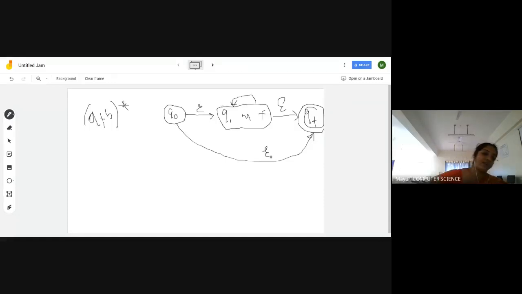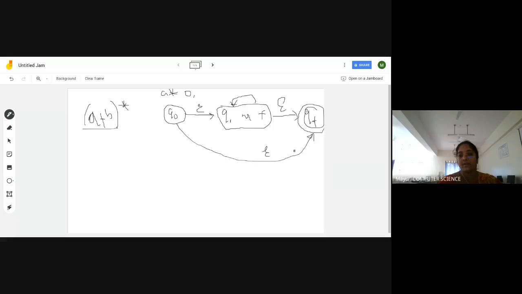Can you tell me the reason why the self loop is okay? Because A plus B star is either A or B, whatever it is. I'll construct this later. Just consider this for A star, at least. What do you mean by A star? Length 0, and more than that. So if I didn't give any input, the machine still accepts the input, right? If I didn't give any input, the machine is going to be in the acceptable state.